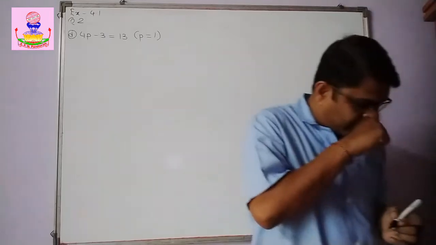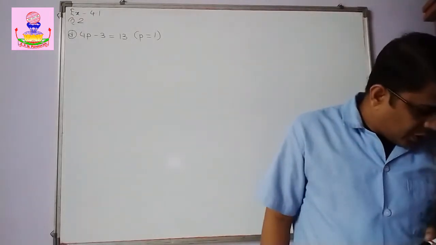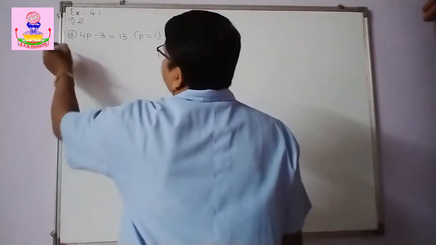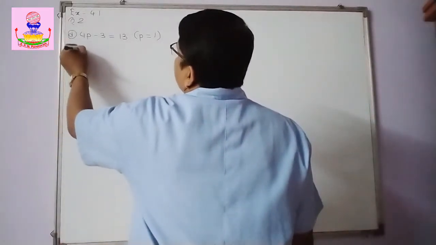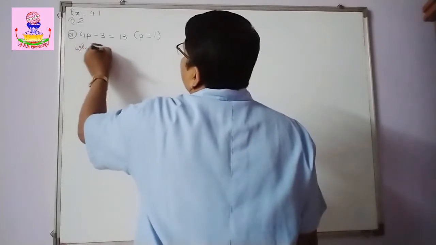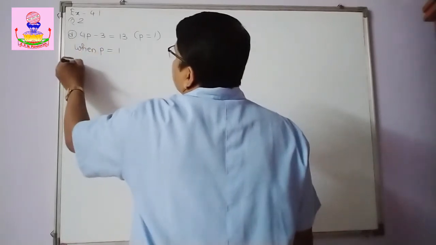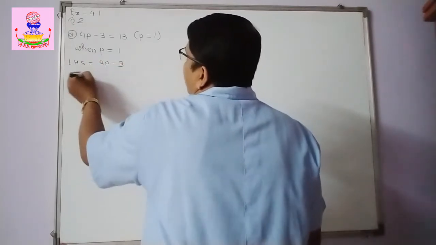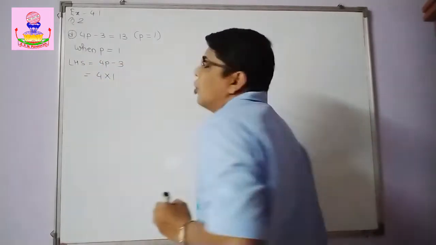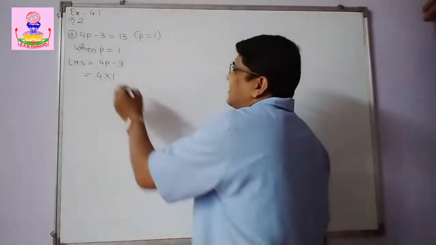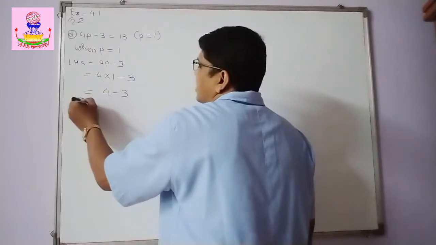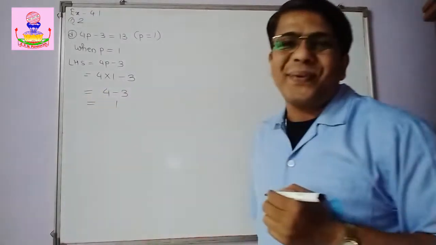Now, LHS, when p is equal to 1. LHS, what is LHS? 4p minus 3. Now the value of p is 1. So 4 into 1 minus 3. So 4 ones are 4. 4 minus 3, 1.